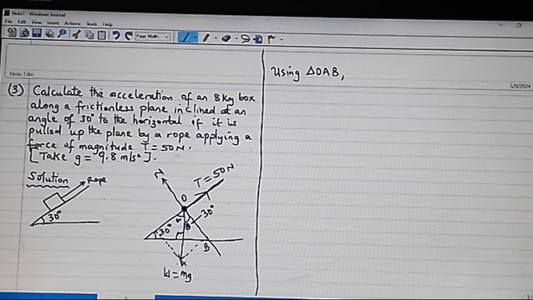I have OA. So I can use opposite and hypotenuse. This is the longest side. So I say sine theta is equal to opposite, which is AB, all over hypotenuse, which is OA. So that AB is equal to OA sine theta.